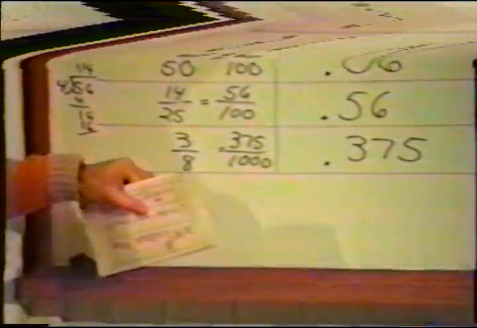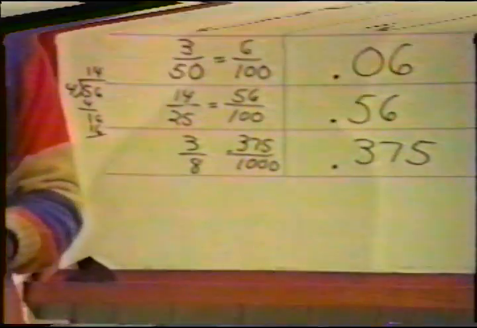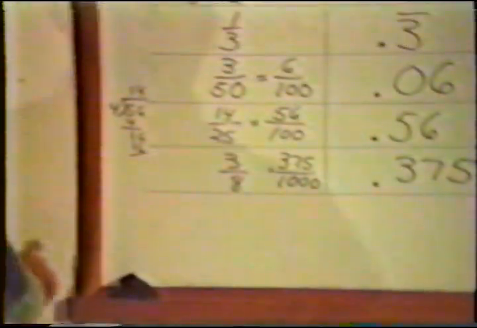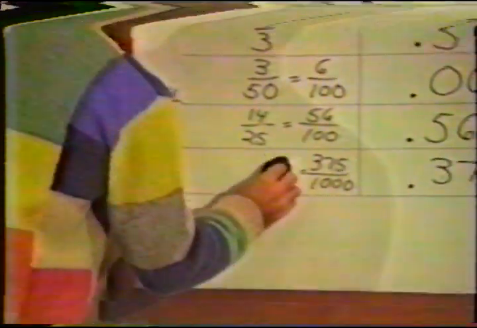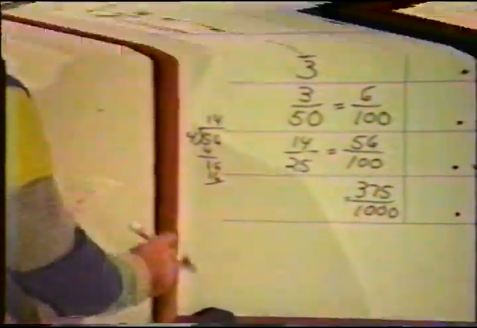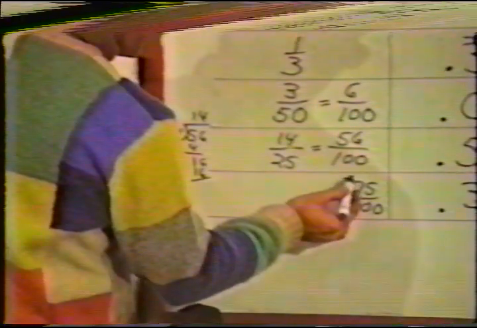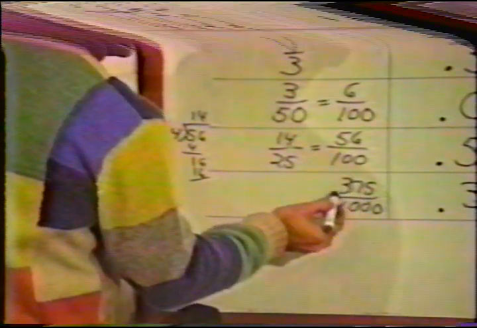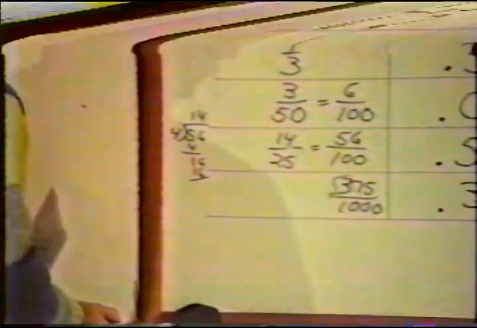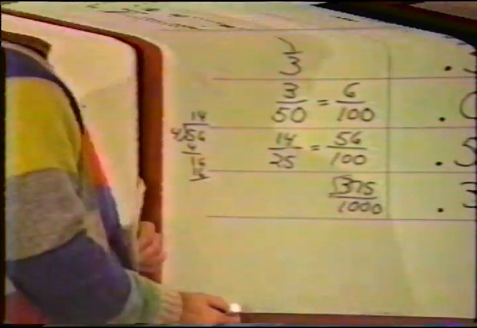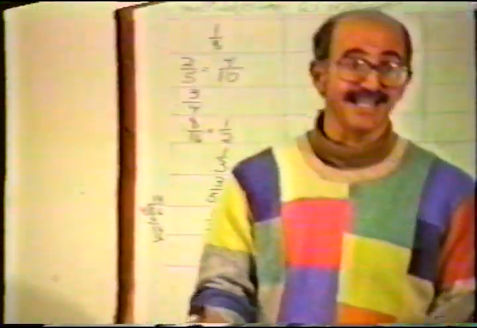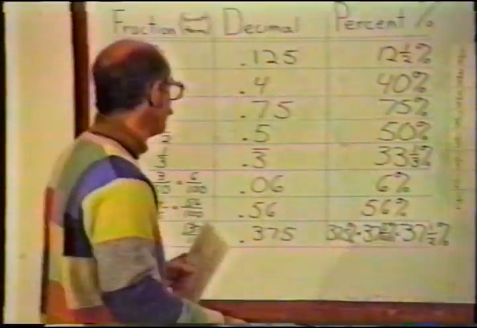If you were going to reduce it, what number would you like to hit both top and bottom with? 25. How many 25s are there in 300s? 12, because there are 4 25s in each 100, and we have 3 of them.